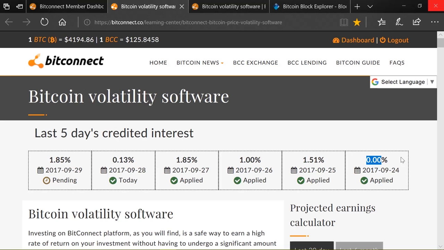I mean, Bitcoin is only 7 or 8 years old. Bitconnect is just over a year old. They do have large volatility. They have real trading, and it's speculatory. So that's the way the system works. It works on the daily trading and the daily volatility of the value of the trades that are going on.